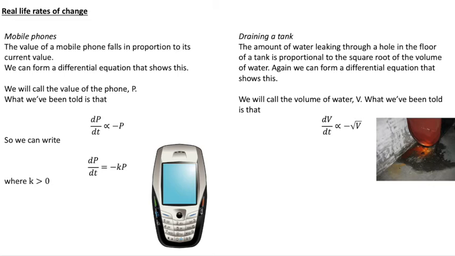If we call the volume of water V, what we've been told is that the change of volume, which is what is leaking out, is changing the volume, so dV/dt is proportional to −√V. And this time we're going to use lambda as our constant of proportionality, so we can write dV/dt = −λ√V. And again, because we know that the volume is decreasing, with the leak, then we can say that λ > 0.